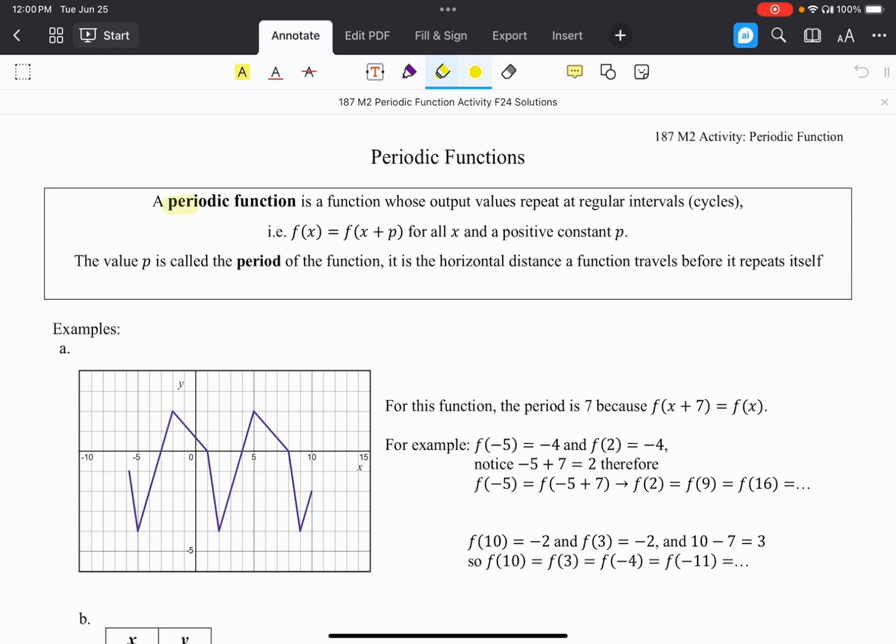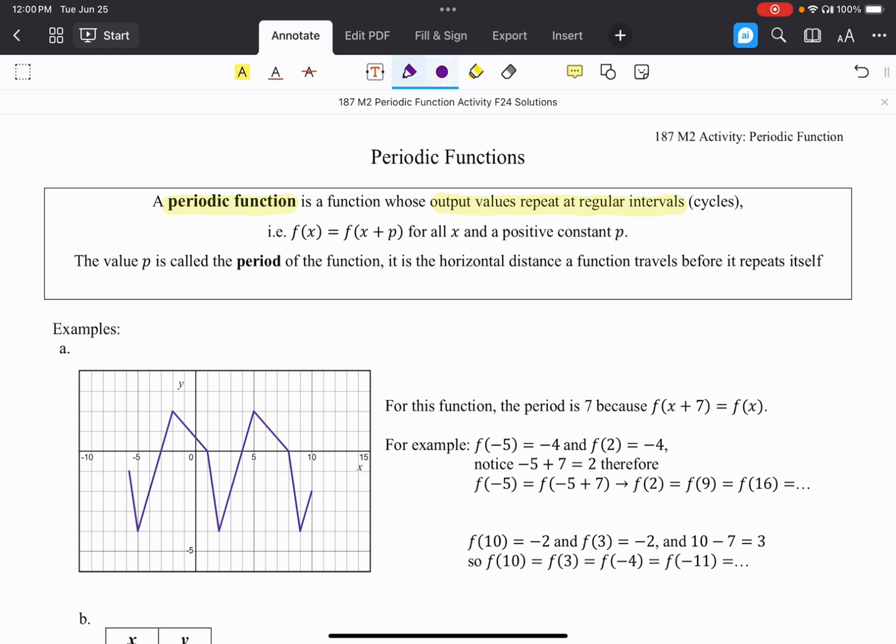A periodic function is a function whose output values repeat at regular intervals or cycles. So after a certain amount, the function's going to look exactly like it did before. It's going to repeat what it just did.